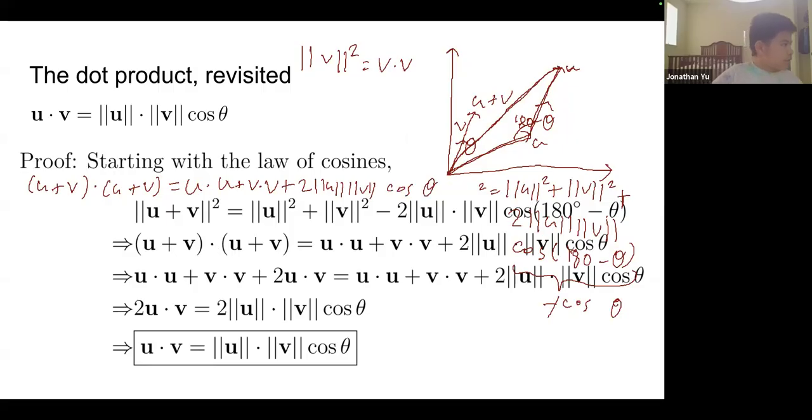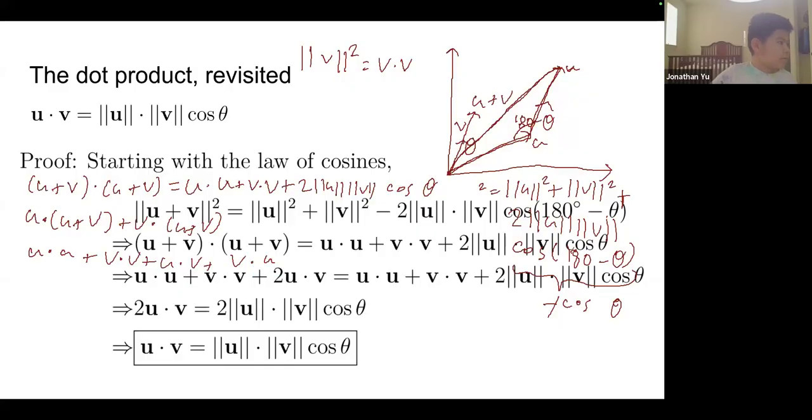So now we're going to use the distributive property on this term on the left, which is going to be u dot u plus v dot u plus v. And if we use it again, we get u dot u plus v dot v plus u dot v plus v dot u.